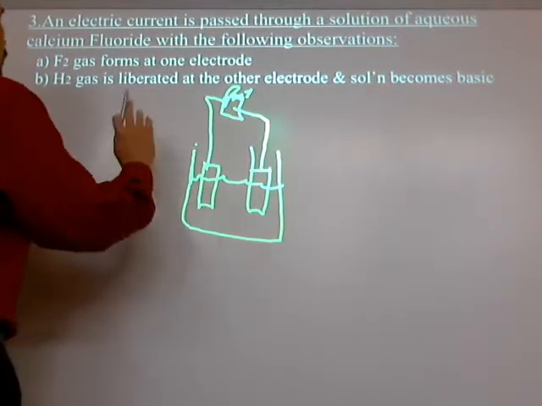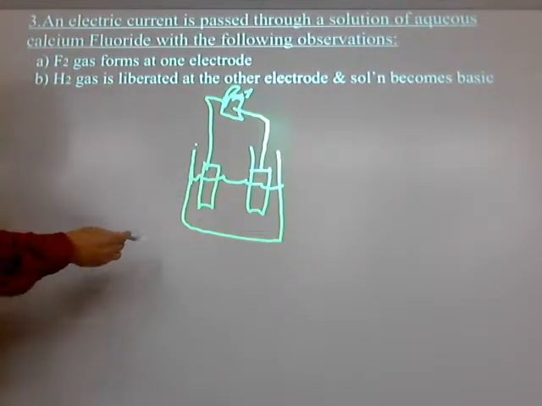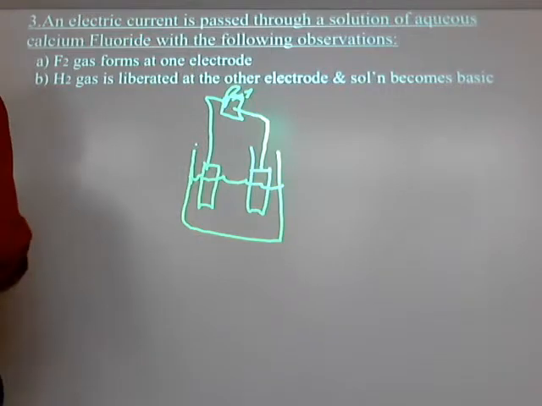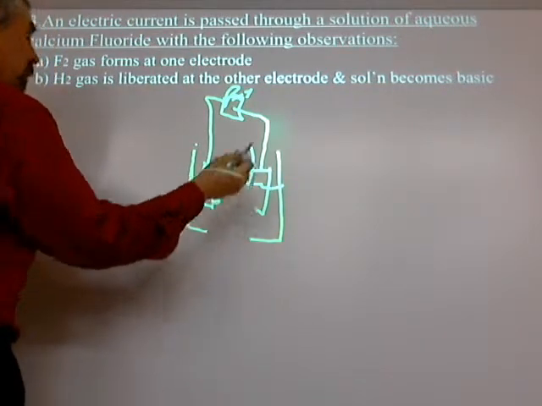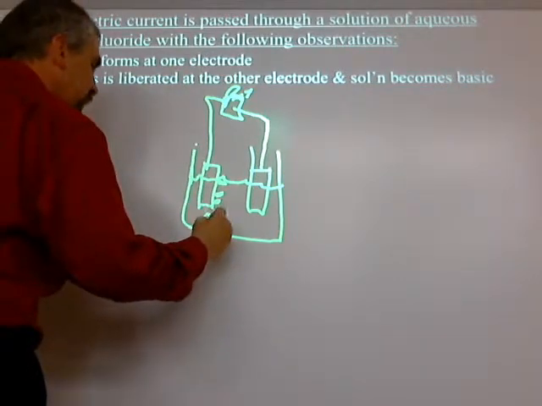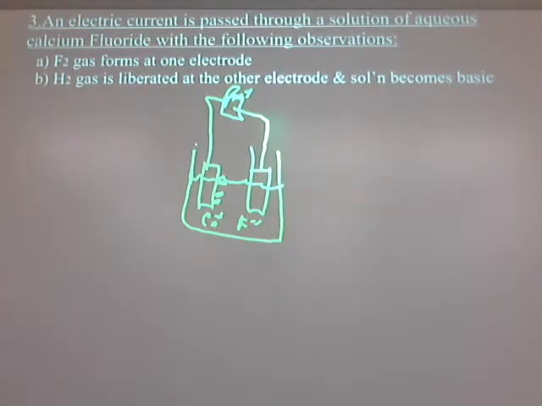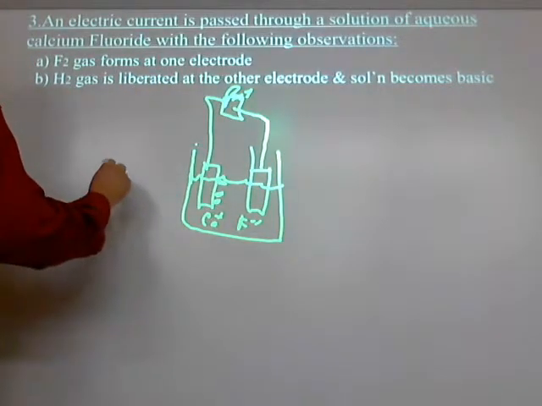So let's start. I don't care which one you call A or B. Let's just take a look at this guy right here. We'll call him the one where fluorine gas is produced. All right, if I've got fluorine gas produced, remember in my solution I've got calcium ions and I've got fluoride ions. Everybody good with that? So where did the fluorine gas that's produced at electrode A come from?